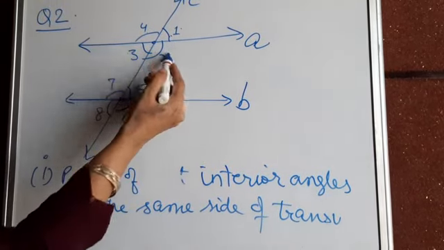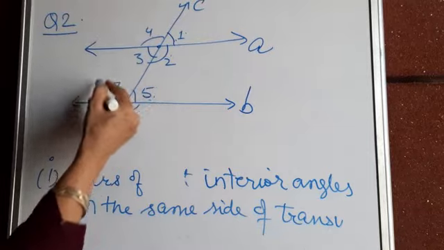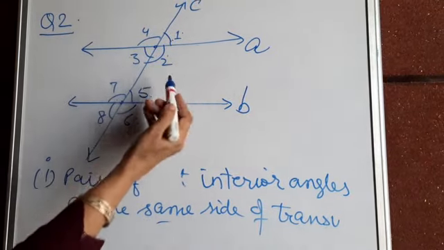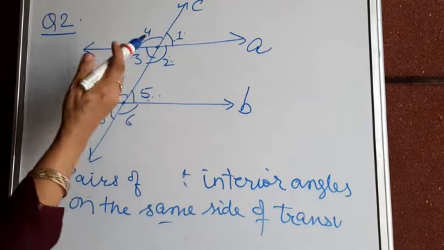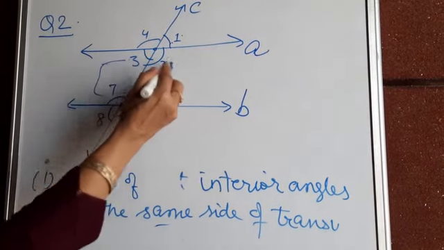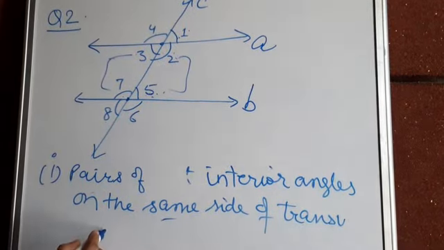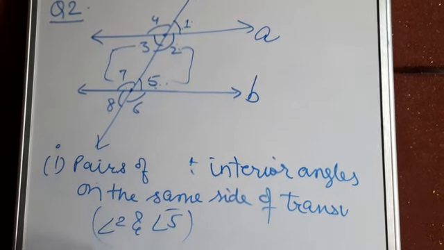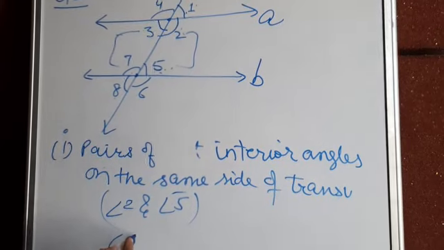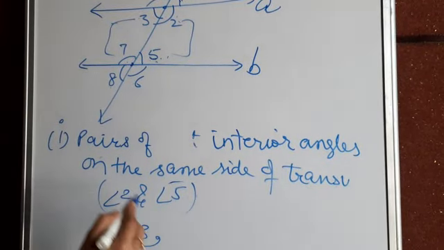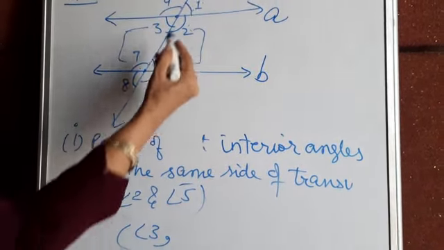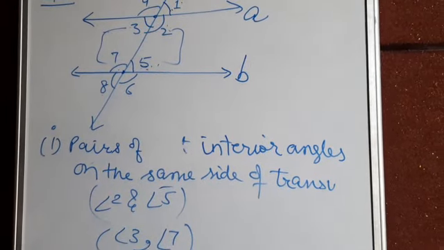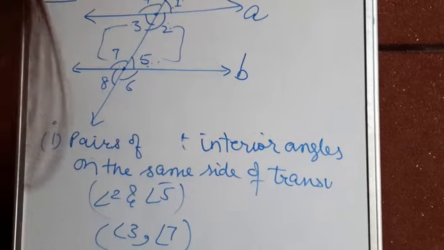Now, these 4 are interior angles, but on the same side of the transversal these 2 are there, and from this side 3 and 7 are there. So the first pair is angle 2 and 5, and the second pair is angle 3 and 7.